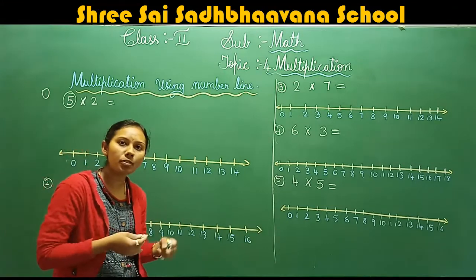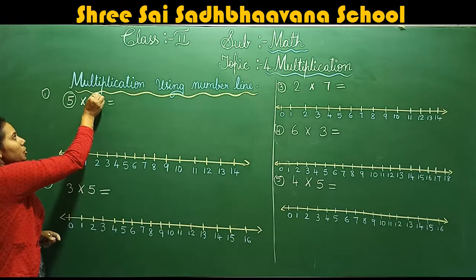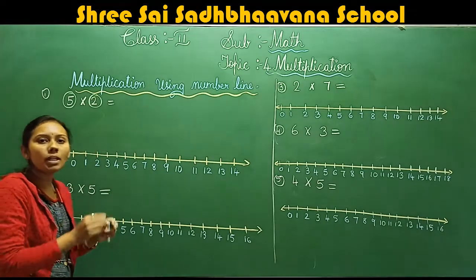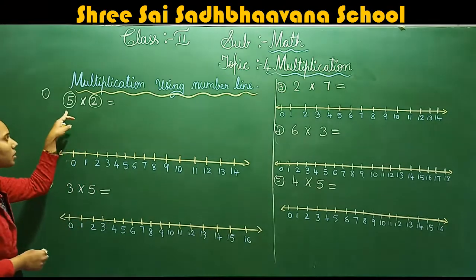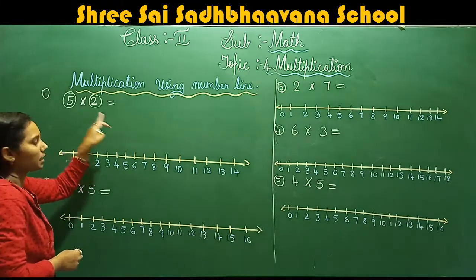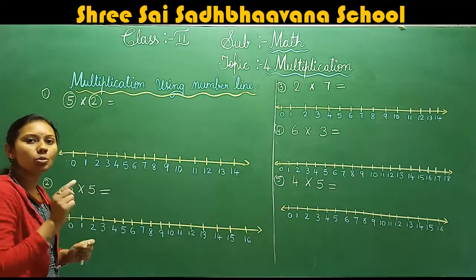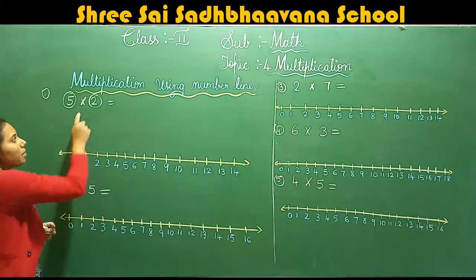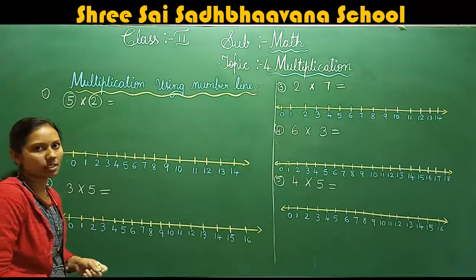The second number, 2, tells us how many numbers we are going to jump. Now we have to jump 5 times, 2 steps each time. Let us see what the answer is going to be.